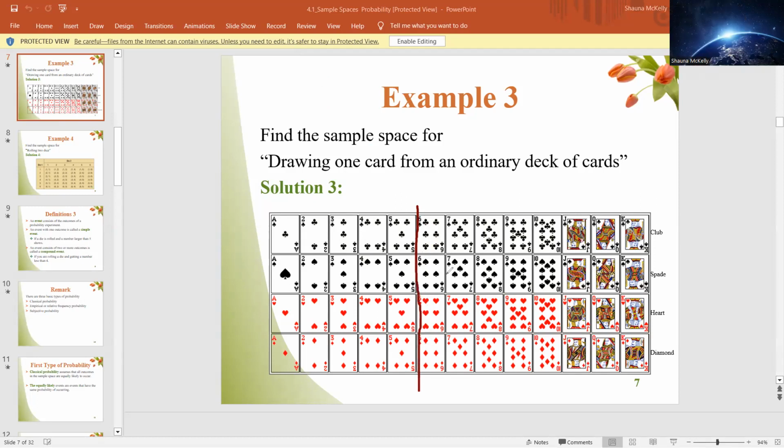There's the column of sixes. Now, the spades are this row going across. There they are, right? There's my spades.